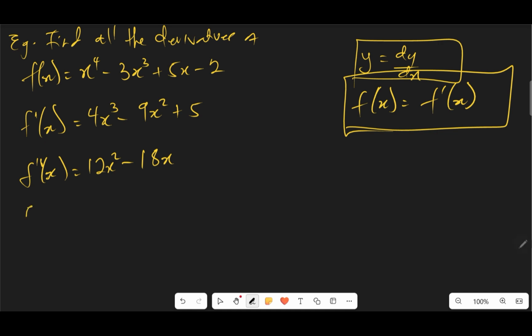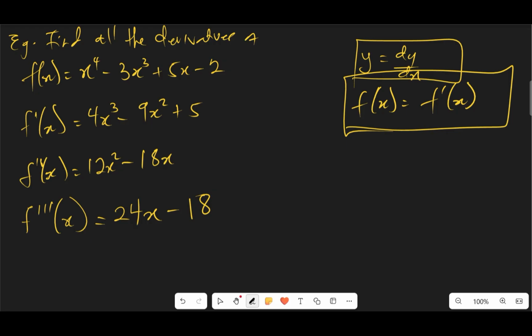So if I go to the third derivative, that is f triple prime of x. If I differentiate this one, I'm going to get 12 times 2 gives me 24x minus 18. That is the third derivative.